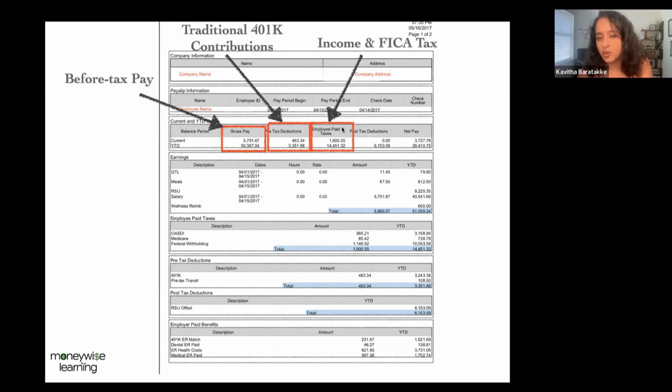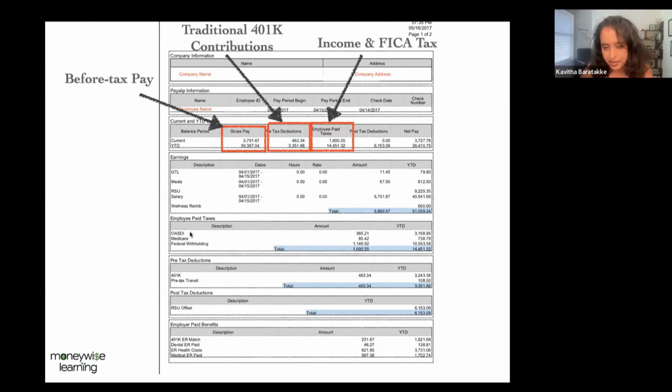Then we have employee paid taxes. Employee is you, employer is whoever hires you. So there's two pieces here. It's income and FICA. We talk about FICA, which is Social Security and Medicare taxes, or we also call them payroll taxes. And then federal taxes, income taxes. So let's look into this breakdown over here.